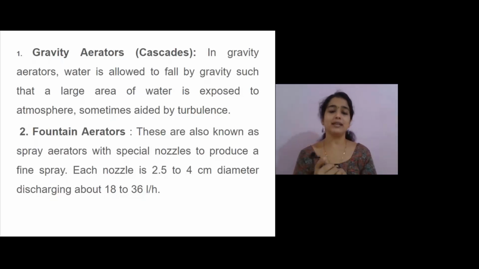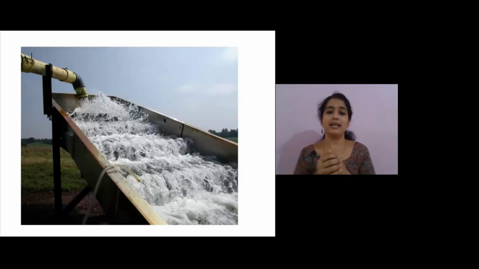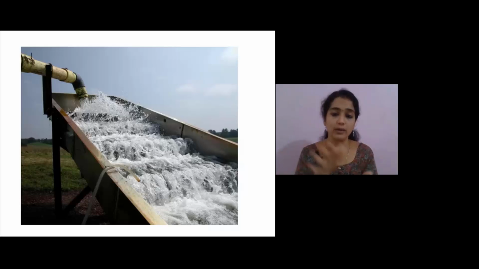In gravity aerators, water is allowed to fall by gravity such that a large area of water is exposed to the atmosphere, sometimes aided with turbulence. This is a cascade aerator. A large area of water is exposed to the atmosphere so that more air contact will be there, then more air will get diffused into the water.